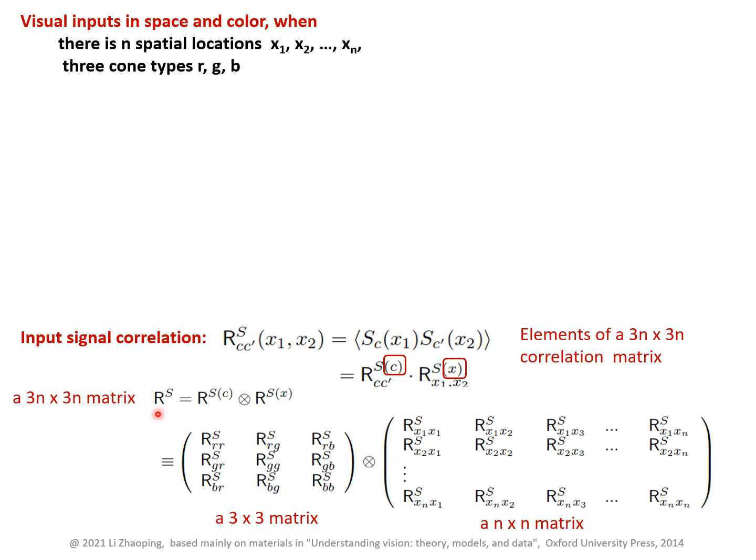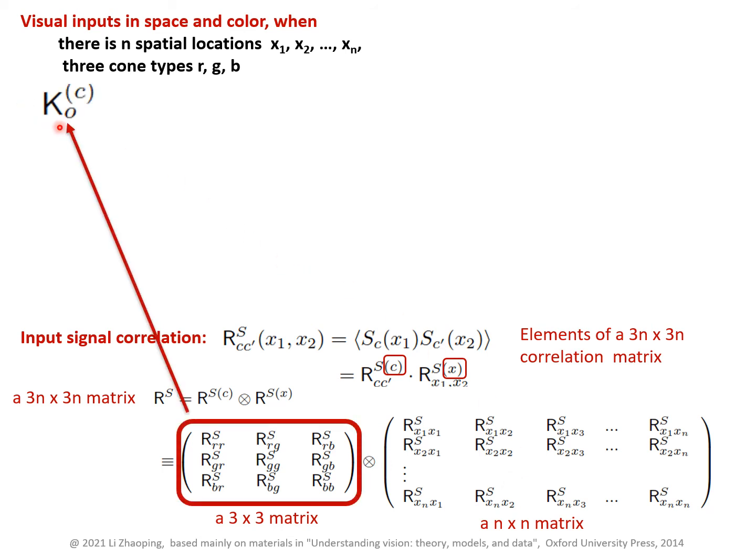Remember that our correlation matrix in color and space can be factorized into two matrices. One is for color correlation only, and the other is for spatial correlation only. And we have learned from efficient color coding that a three-dimensional 3D rotation matrix, K_O^C, C for color, can diagonalize this correlation matrix.